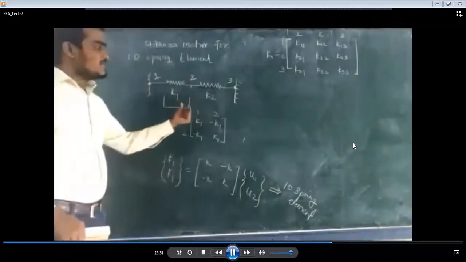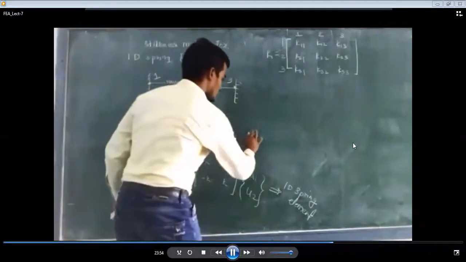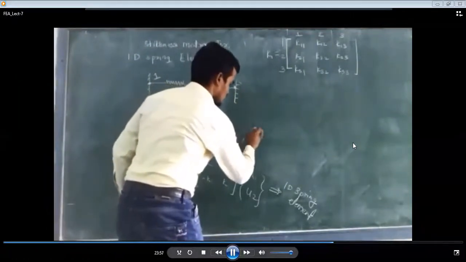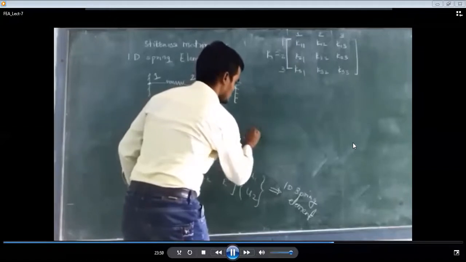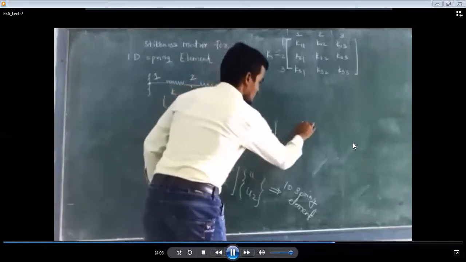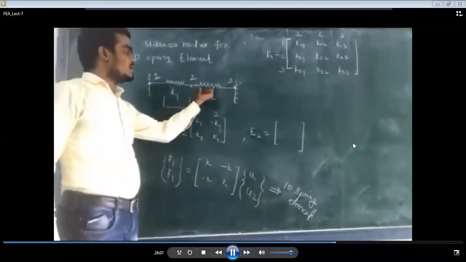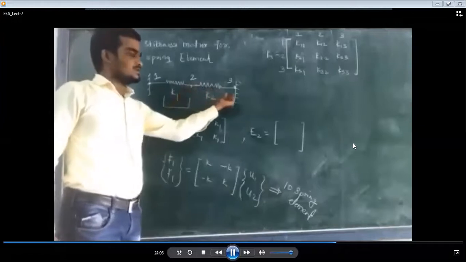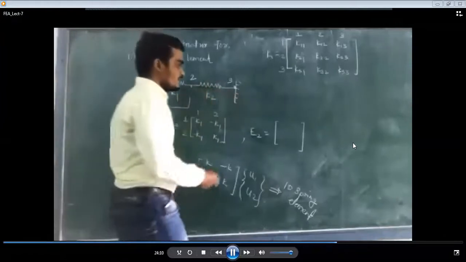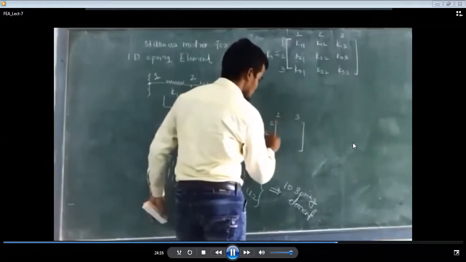Now in a similar way you can construct the elemental stiffness matrix E2. The position of the elemental stiffness matrix E2 will change now. This element lies between node 2 and 3, so the position will become between node 2 and 3, meaning columns 2 and 3 and rows 2 and 3.